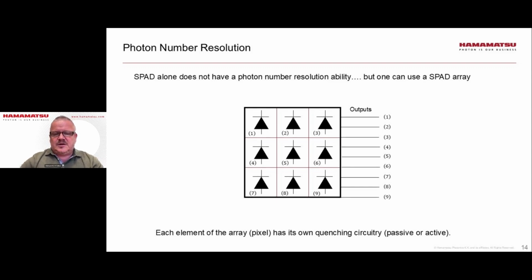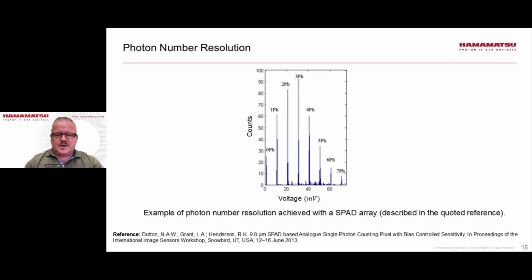So in here, in the 3x3 array, I can then determine the photon number in a pulse. And here is an example of a plot from the reference below that clearly shows the ability of SPAD arrays to distinguish the number of photons in a pulse.